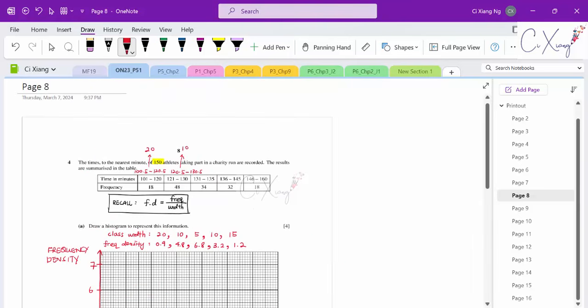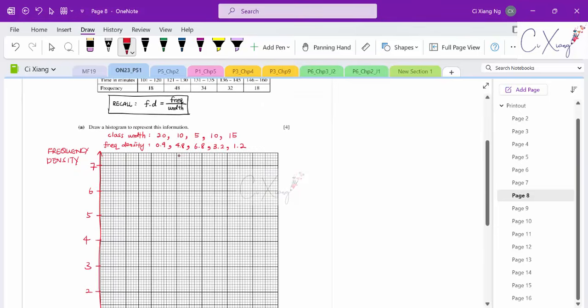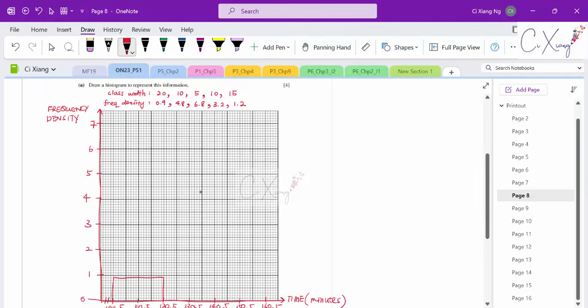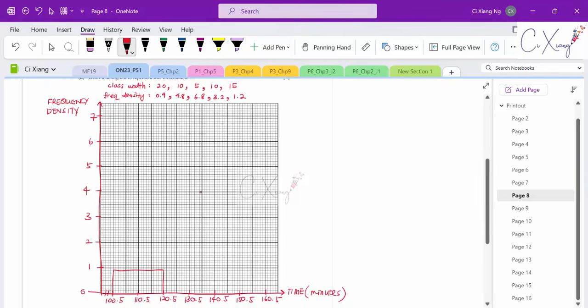Then for the second class, I have the class boundary 120.5 to 130.5 and the frequency density is 4.8. Let me have a look where's 4.8. First will be here. Then I need to draw it until 130.5, which is this line. Okay, then I start creating the bar.